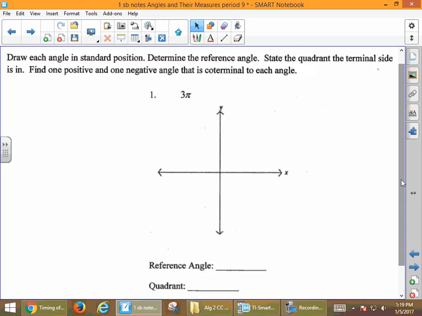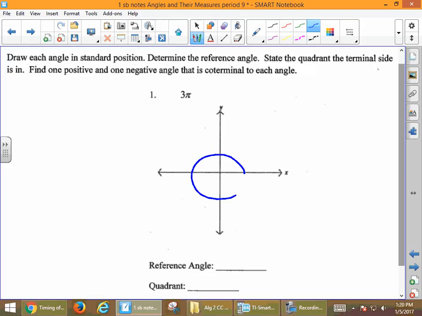The steps aren't going to be super different, but it's because it's in terms of pi that separates it. So in terms of pi, it means that we're in terms of the radians. If we start here and we look at this one, 3 pi. We're going to start here. And remember, we go all the way around. Thinking again, we start at 0, then we went to pi over 2, then this is pi, 3 pi over 2.